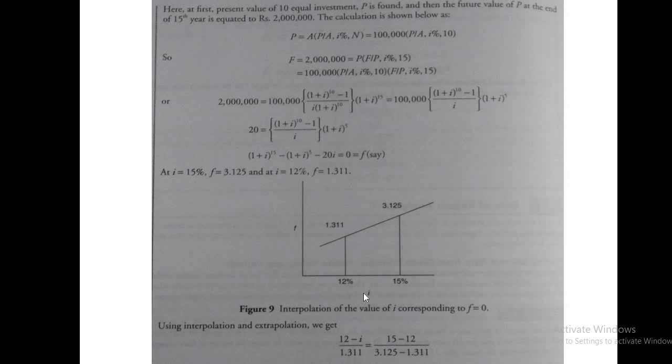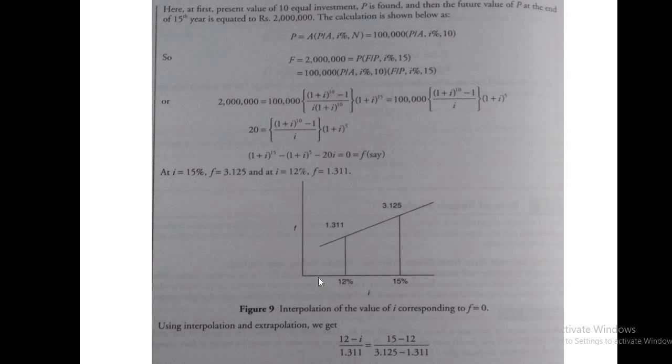So that particular I value, when f is equal to 0, is nothing but the value satisfying that particular future worth formula.